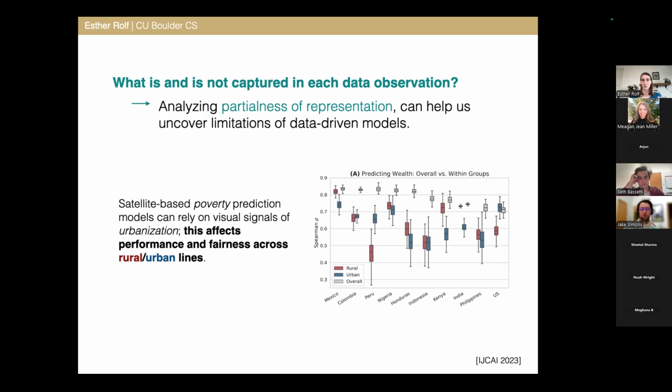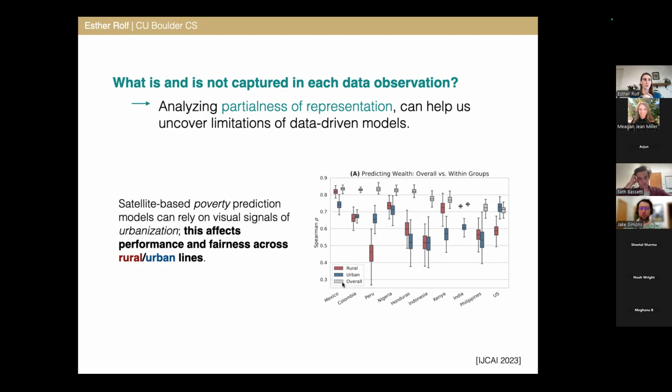And what we found is that most of the performance in predicting relative wealth from satellite imagery could be attributed to just predicting relative levels of infrastructure and urbanization. What this means is that in many parts of the world, that's a really good proxy for relative wealth.